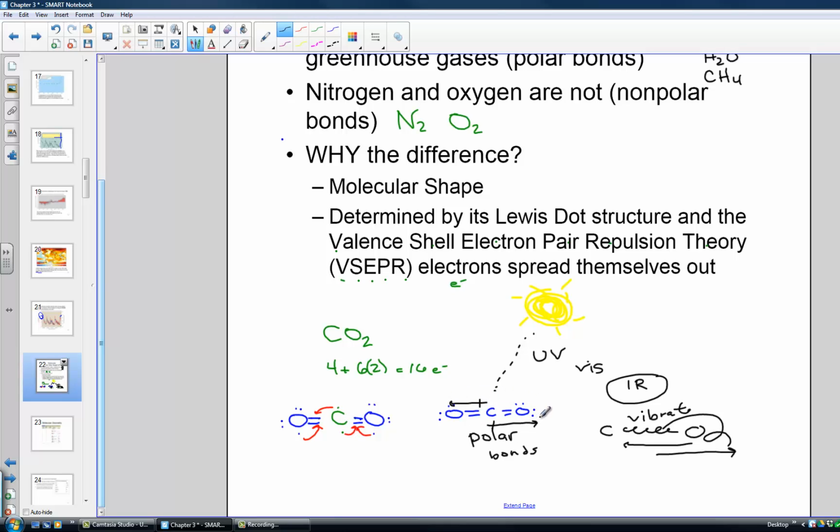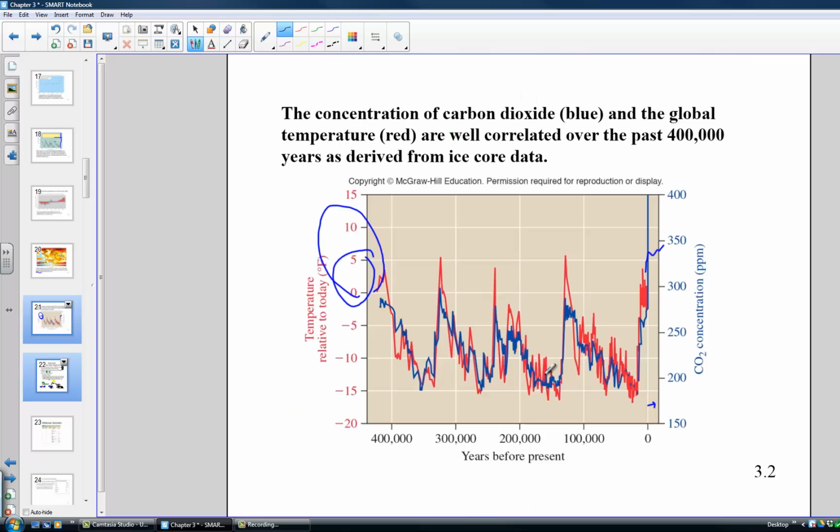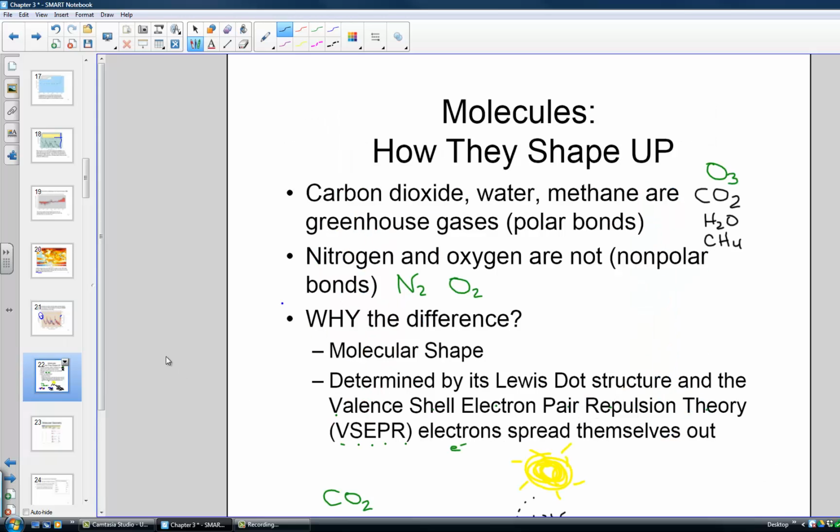And if the carbon dioxide gets trapped in the atmosphere and it's storing heat energy from the sun, we're going to see a direct relationship between increased CO2 levels and increased temperature at the surface of the Earth.